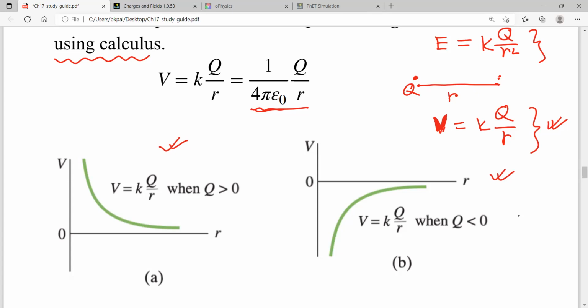Basically, we are interested in V. V is negative because it is in this quadrant, below the zero line, and that's because Q is negative. When Q is negative, it will be in the fourth quadrant, and if it is in the fourth quadrant, V is negative.